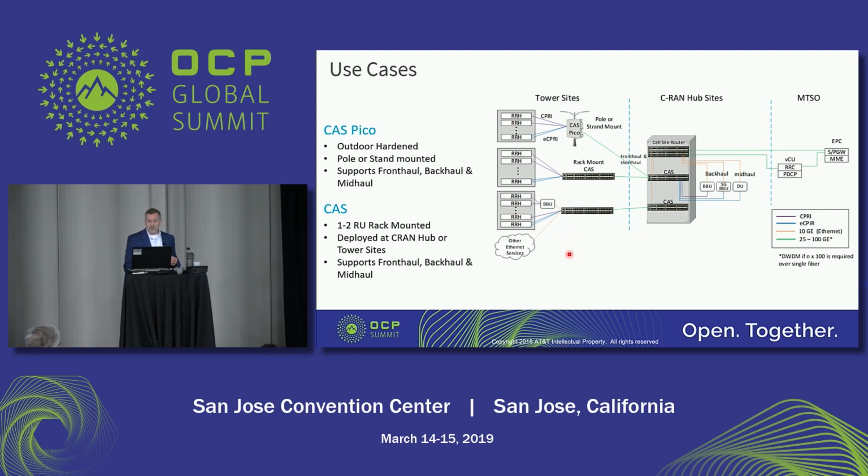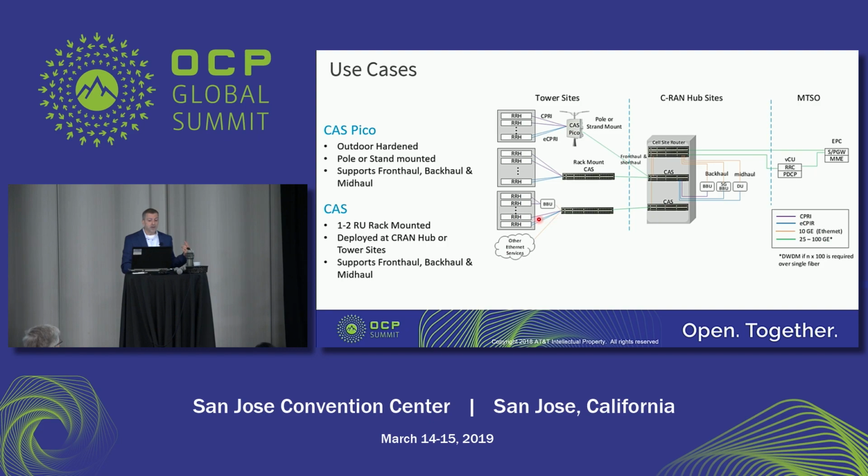We talked about the device being able to support CPRI, eCPRI, and Ethernet. So that Ethernet could be backhaul traffic. For example, this tower could have a BBU co-located at the tower. It could then provide an Ethernet interface into the CAS for that backhaul.